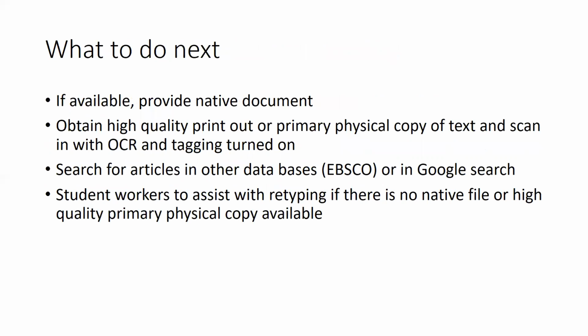So we talked about this a little bit. What you need to do first is go back to that native document. You can always recreate it as a PDF, but if you have it available, that's going to save you a lot of time. If it's a document that you haven't created, obtaining a high quality printout of the primary material is going to go a long way, especially if you're dealing with a PDF that has a lot of markups, highlighting, circling, underlining.